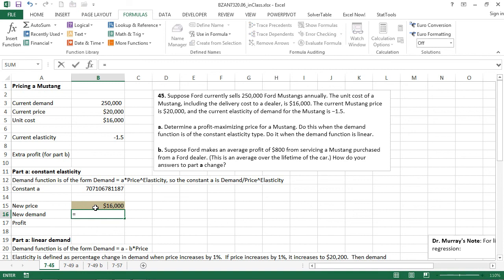So my new demand is going to be equal to this constant A times my price raised to my elasticity. Right up here, you can see I've got that formula, which is exactly the same as this formula right here. So there's my demand.